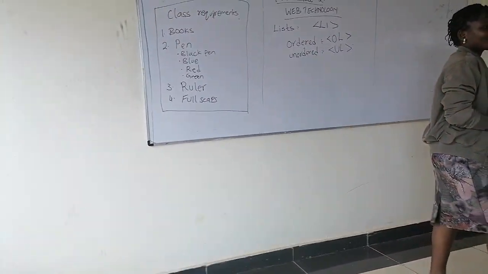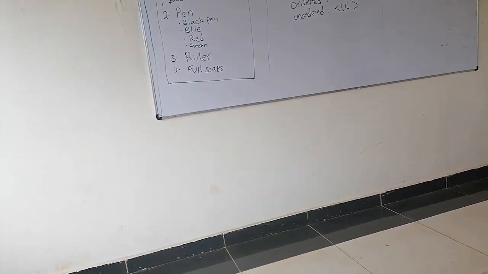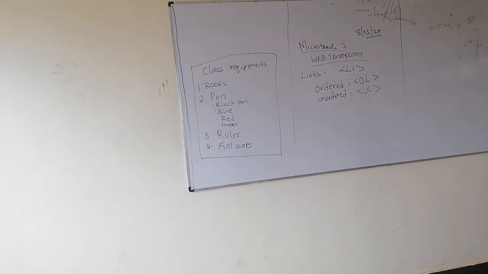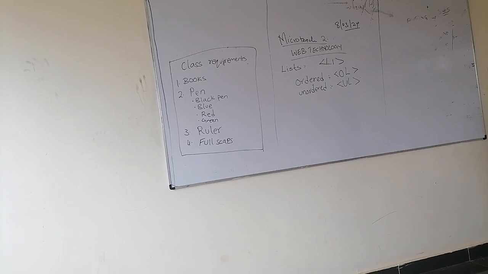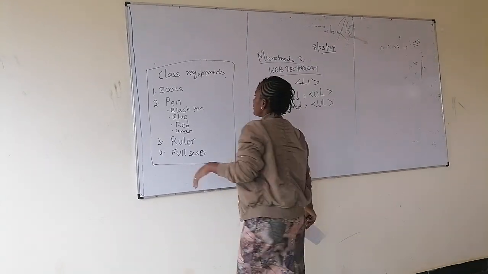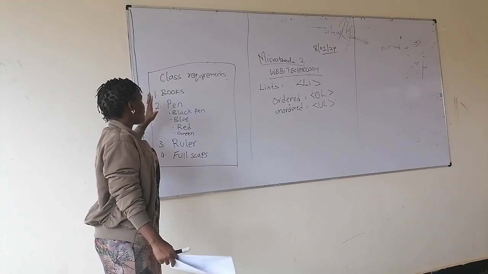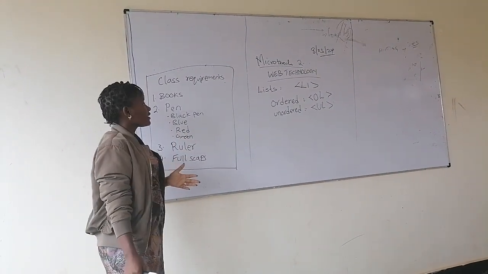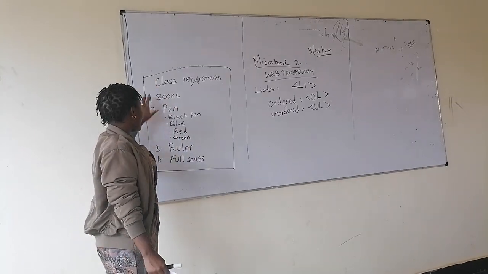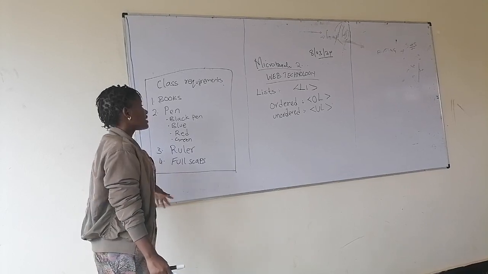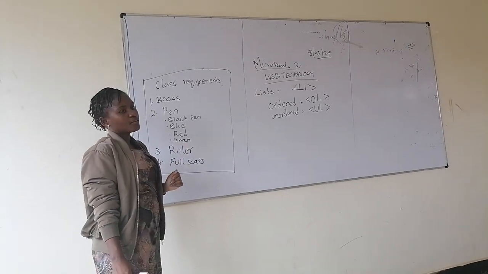Okay, back to class. Has your neighbor told you of an idea of how to write this? Class, are we together here? So first of all, we start by interpreting this, right? Duncan has told us that we have ordered and unordered.